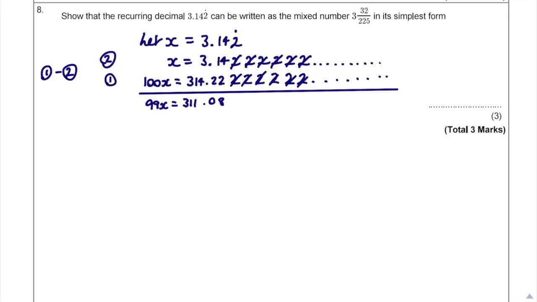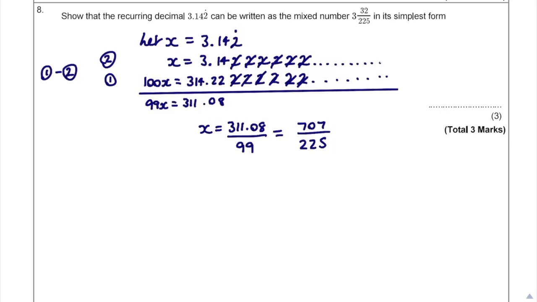So if we divide both sides by 99, we're going to get x equals 311.08 divided by 99. So if you work that out on your calculator, you should get an equivalent fraction of 707 over 225.